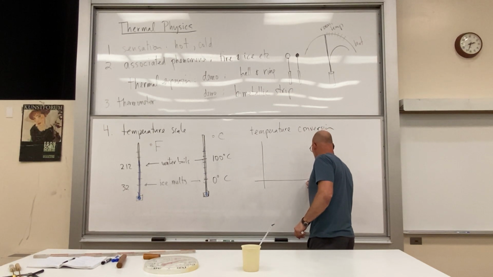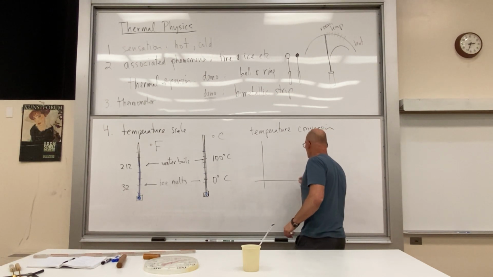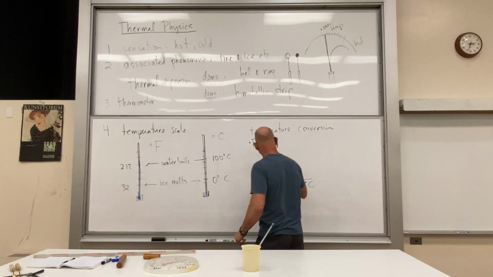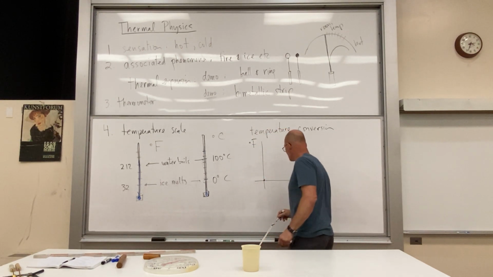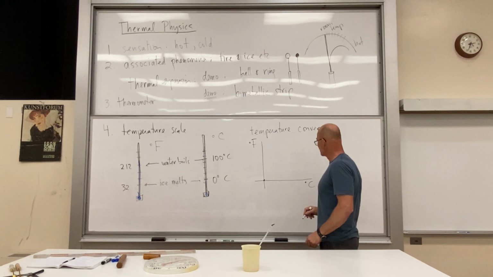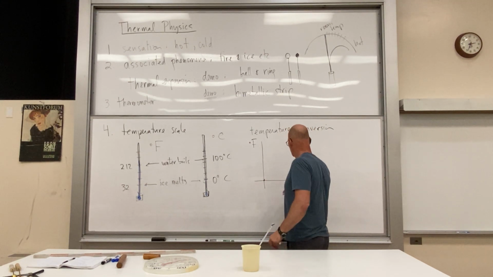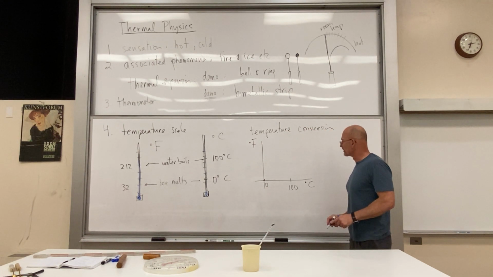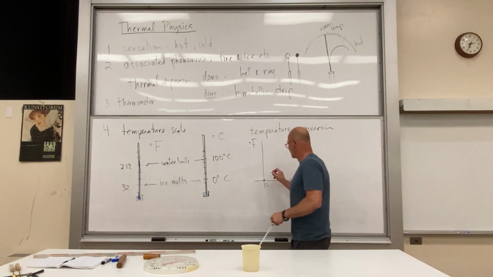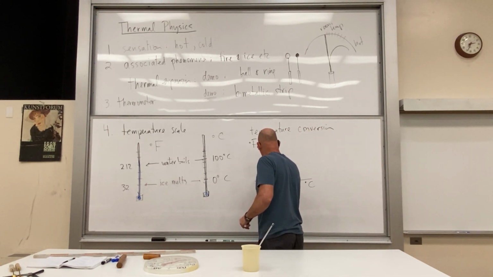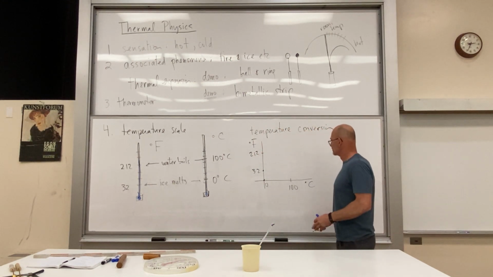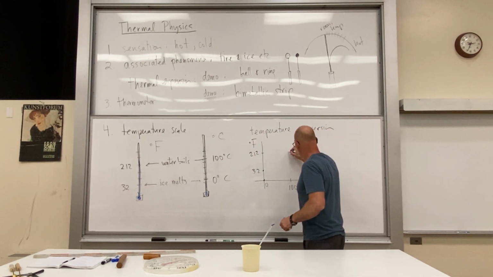We can say, okay, I've got a degree Celsius scale, I've got a degree Fahrenheit scale, and at the 0 here, I know that ice melts, and at the 100, water boils. Okay. What about Fahrenheit? Well, there I've got my 32 and my 212. Shows different scales.